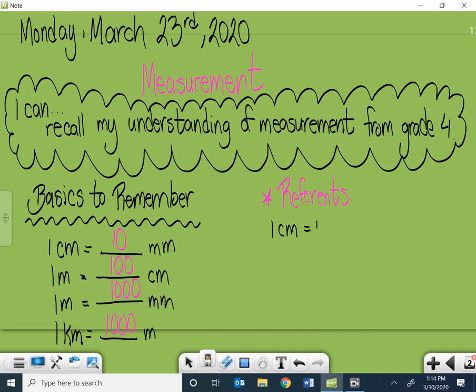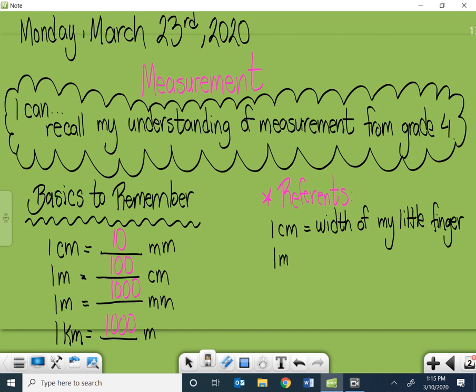It's different for everyone, but it's about the width of my little finger. Obviously, our fingers are all a little different, but it's about the width of your little finger.